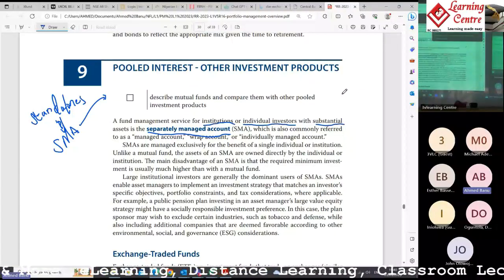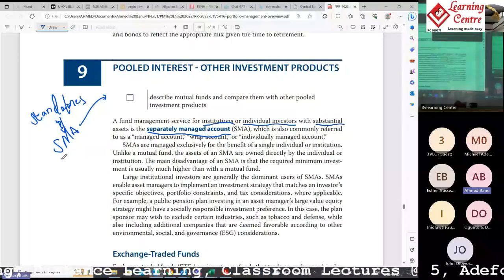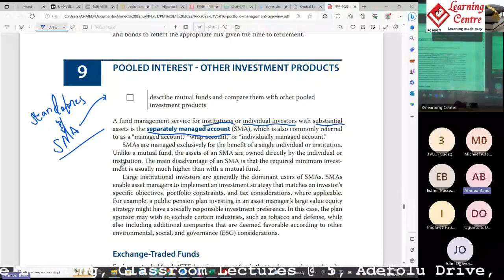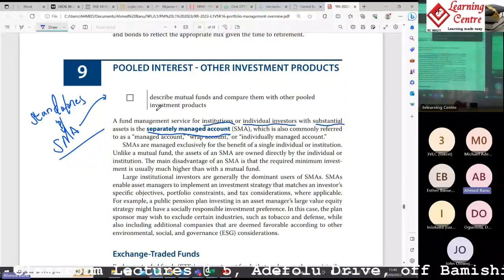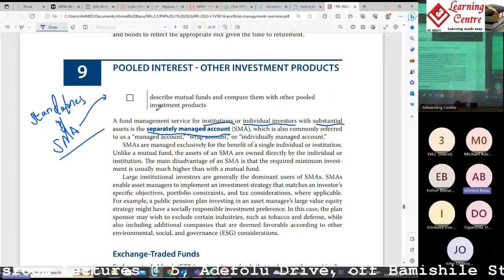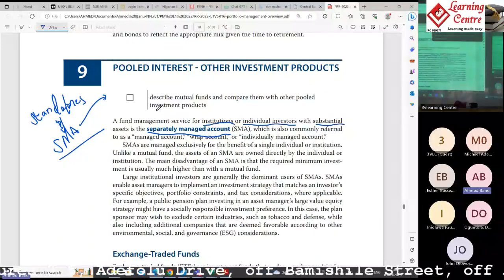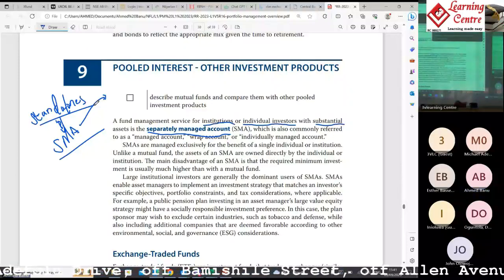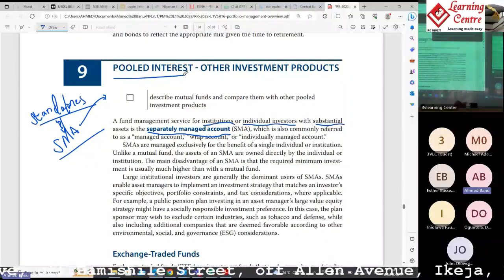So if a client walks into my organization now and says he has 500 million naira to invest, I'll most likely take him through an SMA rather than telling him to come and invest in a mutual fund, because his portfolio is large enough for me to manage it alone. That's why we call it standalone portfolios, rather than me pulling it into a mutual fund.